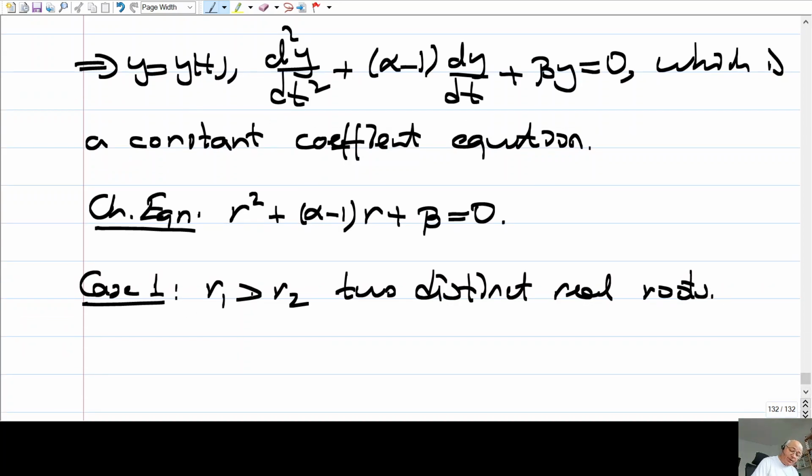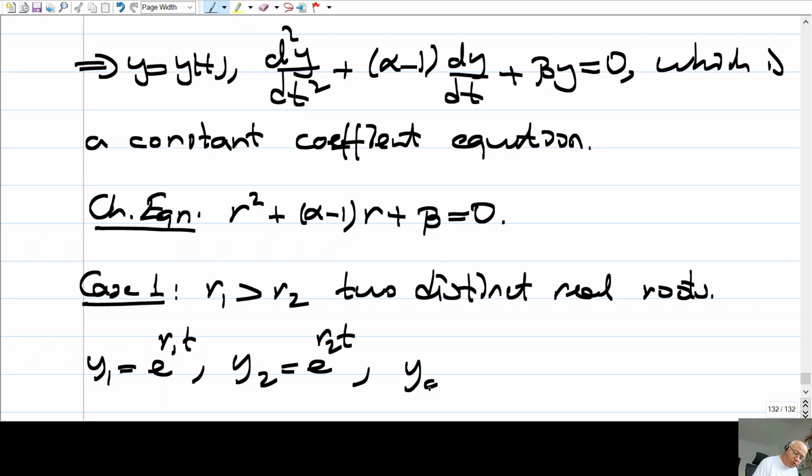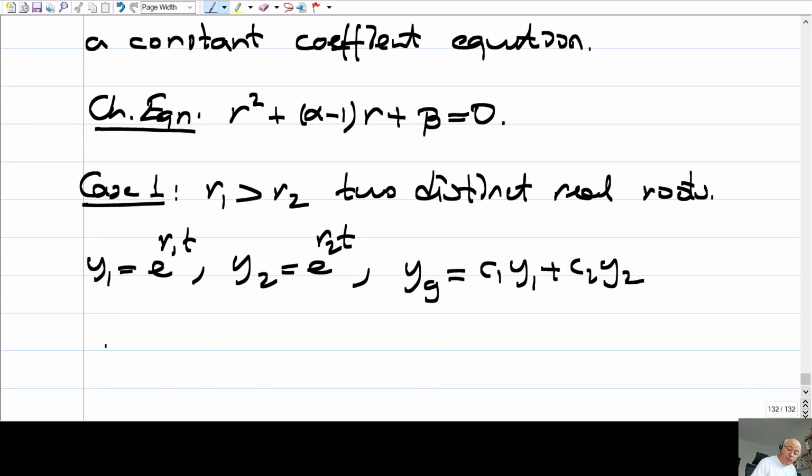In that case, what are the solutions? y1 is e to the power r1 t, and y2 is e to the power r2 t, and the general solution is c1 times y1 plus c2 times y2. Now remember that x was e to the power t.